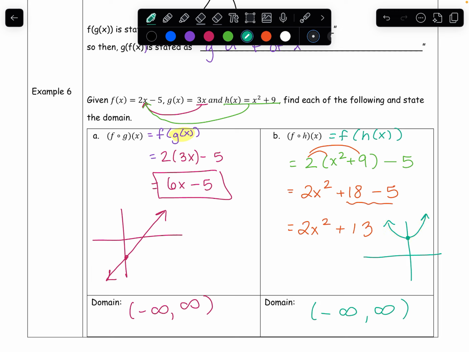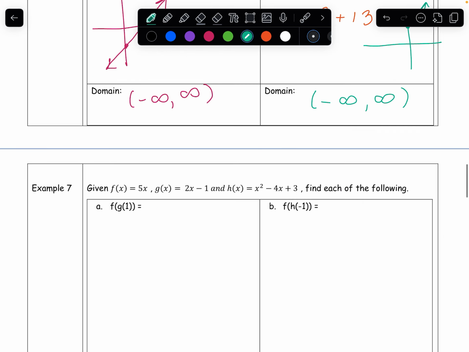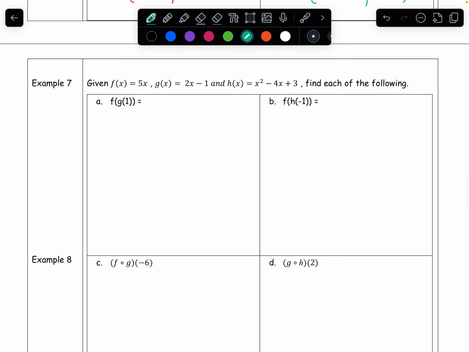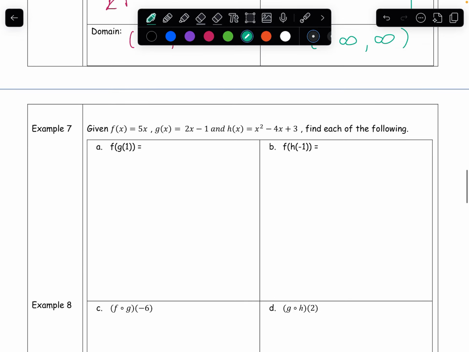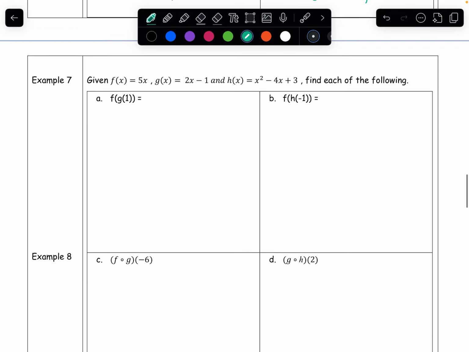Now, I'm not going to say always your domain is -infinity to infinity, but if you think about transformations, a lot of the time, no matter what we did, unless it was like range sometimes, it was usually -infinity to infinity. So now what we're going to do is go to example 7 and do some practice problems, and this is our last page, so here we go.